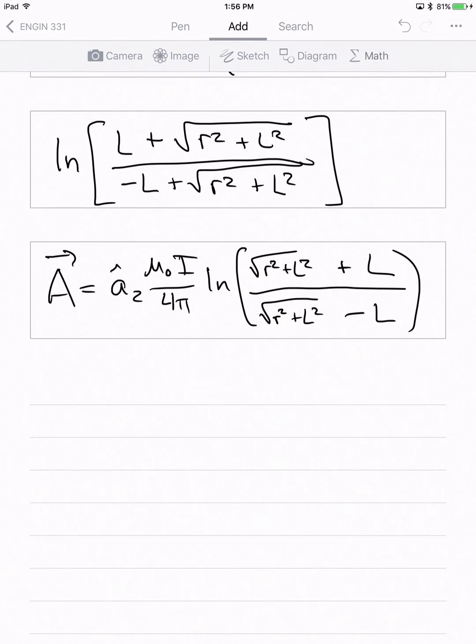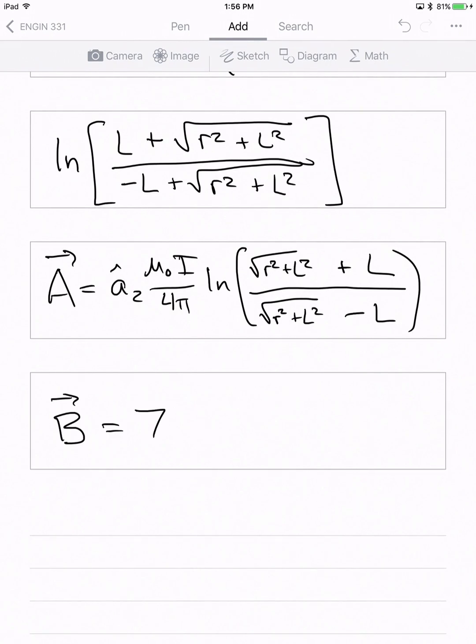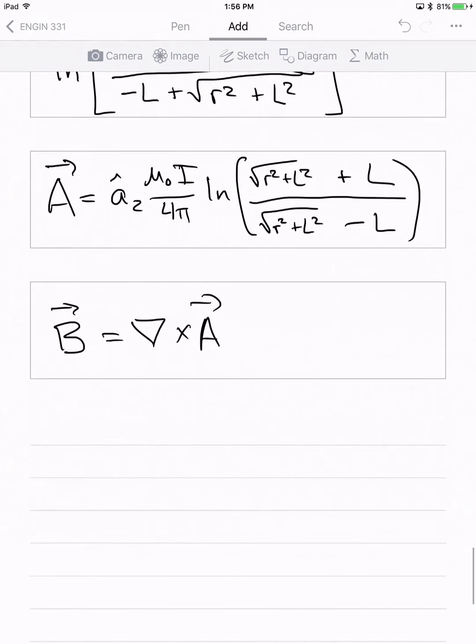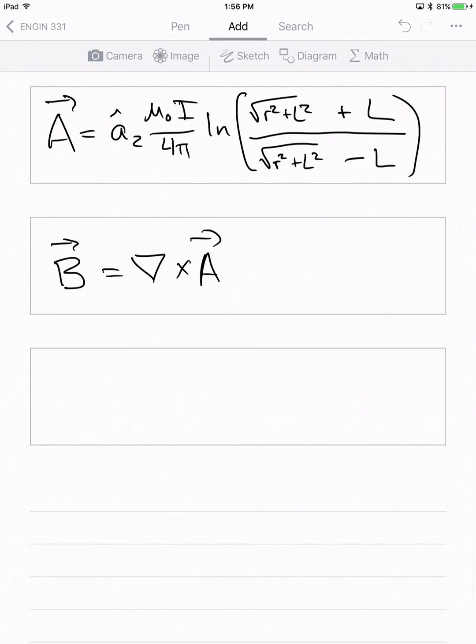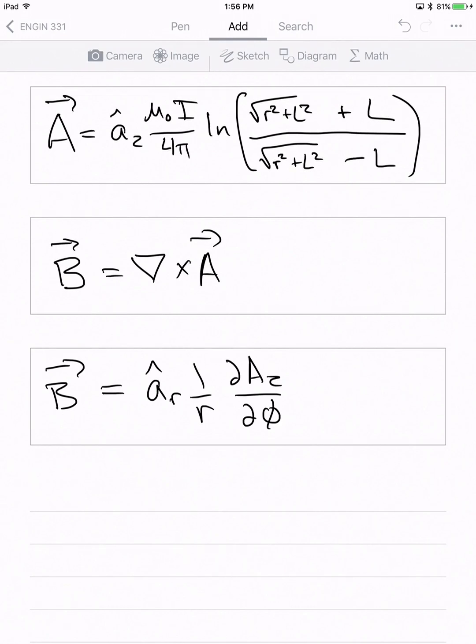And then we have to find the magnetic flux density, and we remember that B is equal to the curl of A. A is z-directed, so we only care about the parts of the curl that operate on A sub z, the z component of A. So then we have B is equal to a hat r, 1 over r, partial A z partial phi, minus a hat phi, partial A z partial r.